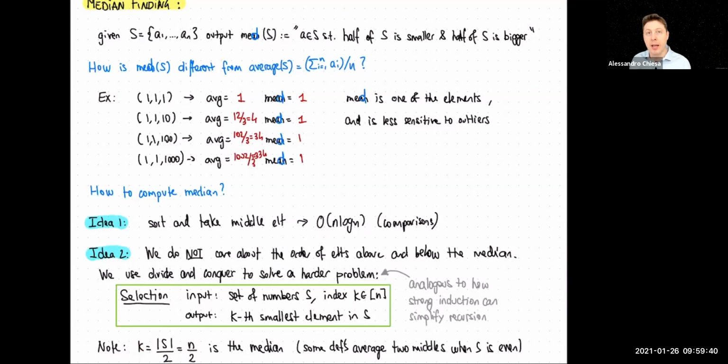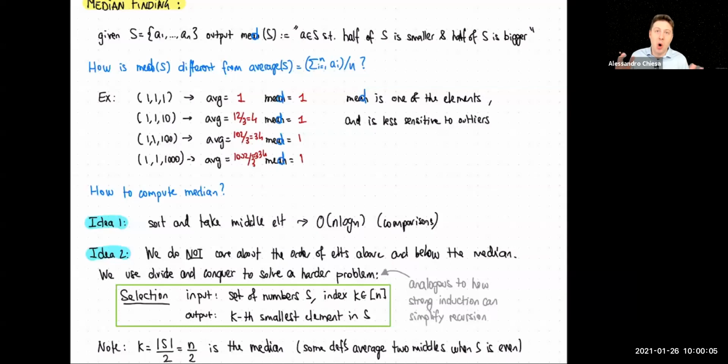And you might wonder, wait a second, why are we trying to make our problem harder? Well, you can think about it as analogous to how strong induction sometimes simplifies recursion. If you try to solve a harder problem, it means that when you recurse on yourself, you may have more flexibility, okay?